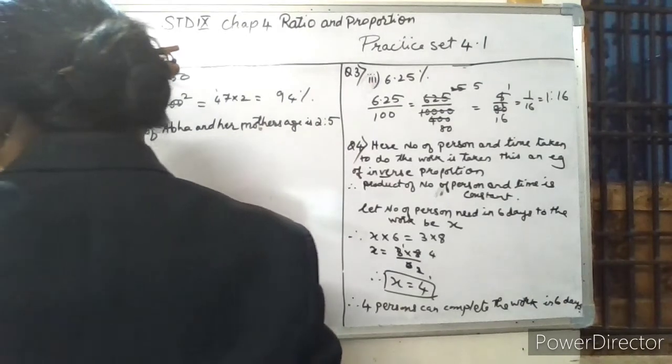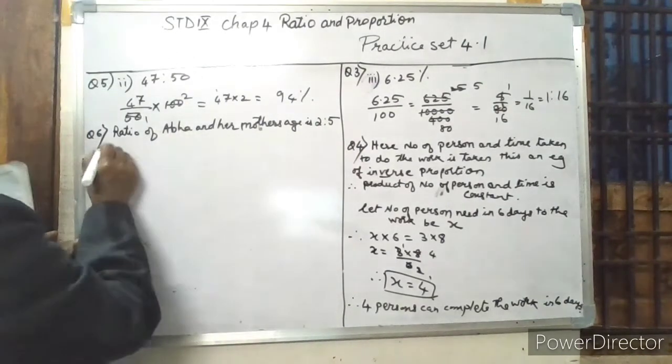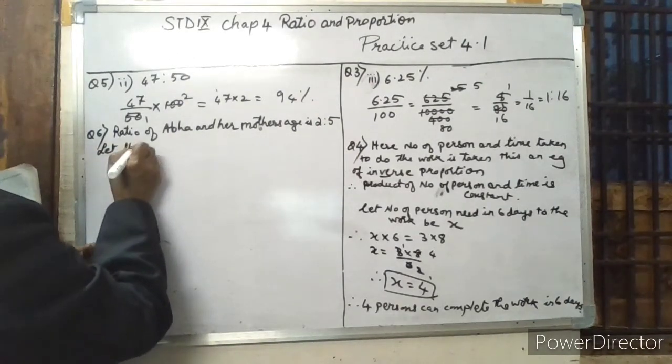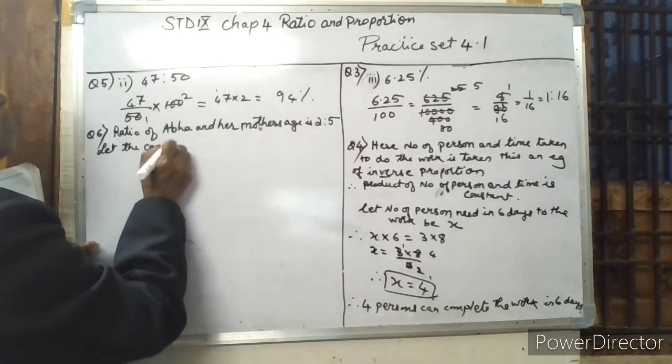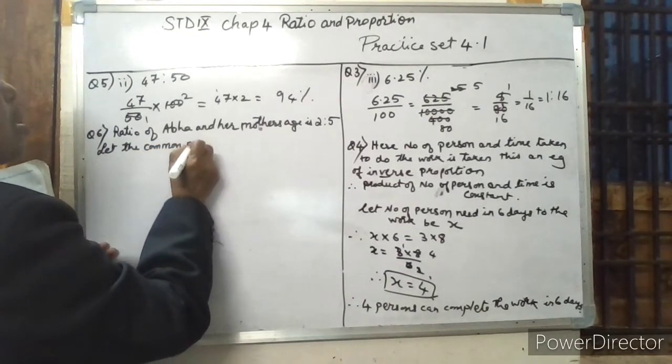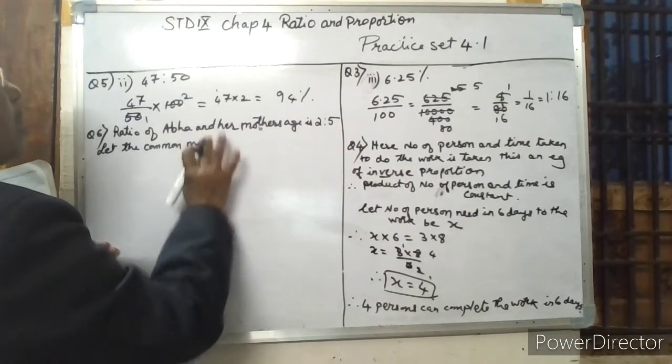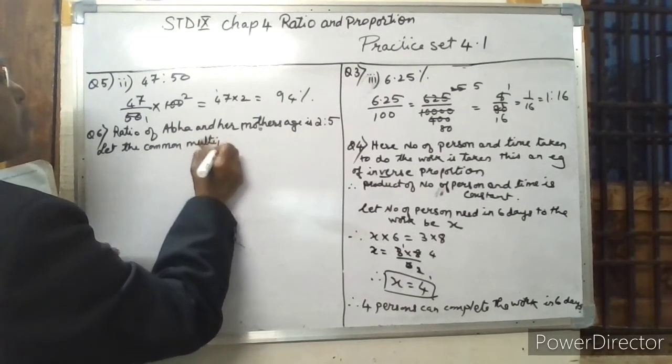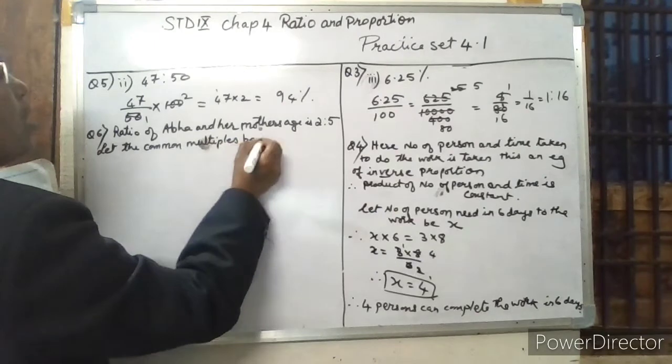So let us take the common multiple to be x.